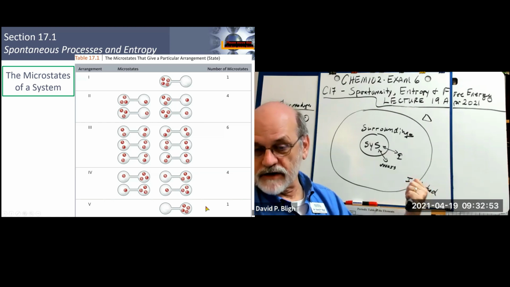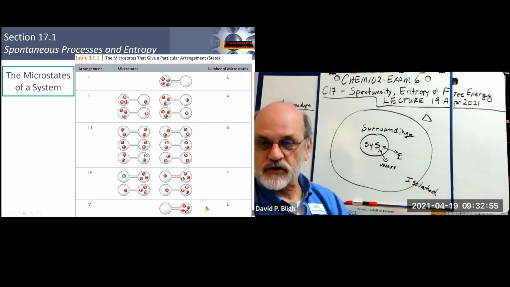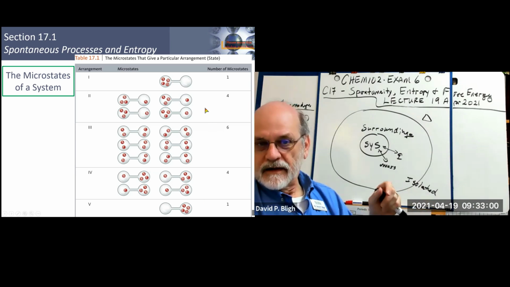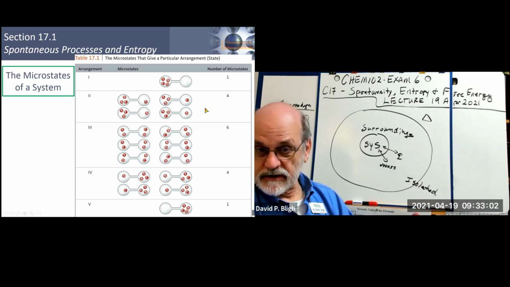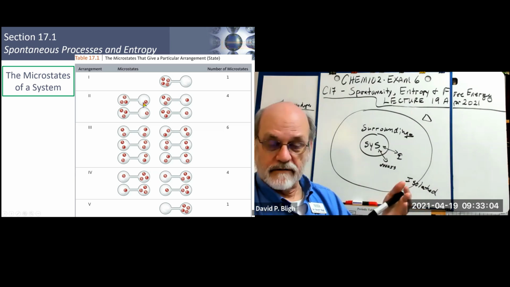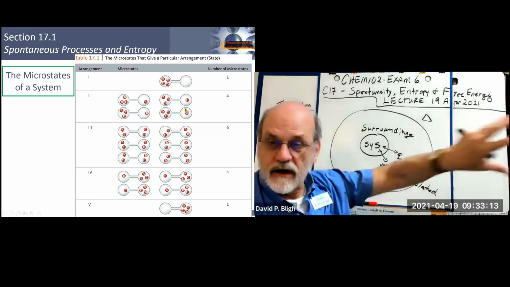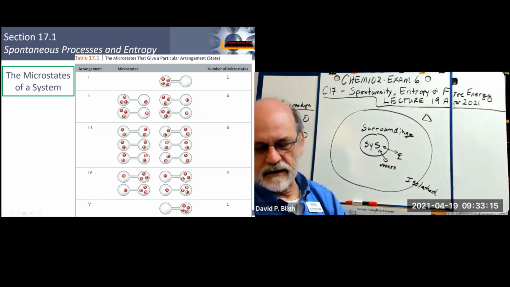That would be another microstate, a different description. Now, this second possible arrangement would simply move one of the molecules over, one at a time. So A could be over here, B could be over here, C or D could be over there, and the other three are left behind in the other bulb. So you have four possible arrangements there, where you have three on one side and one on the other.